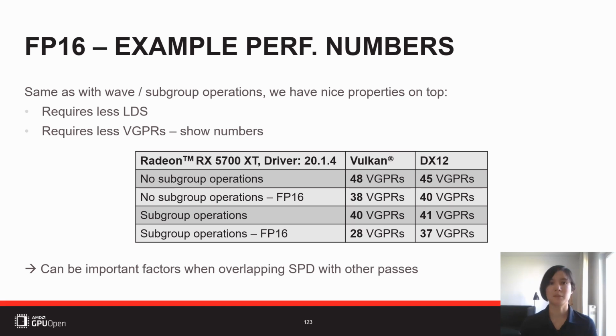If you don't use subgroup operations, so just local data share, and compare only local data share with FP32 to using FP16, we already see a decrease in the amount of VGPRs used. And then if you additionally use subgroup operations, we can further reduce it. So in Vulkan at the end, we only have 28 VGPRs allocated, on DirectX 12, 37. This is quite nice on top of the potential performance improvements, especially for low resolutions.